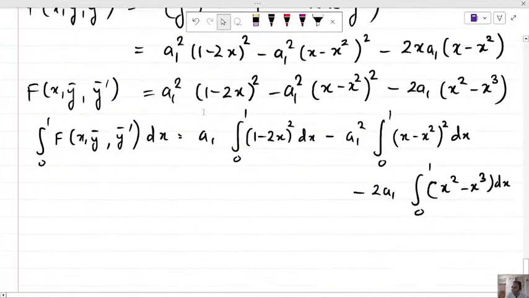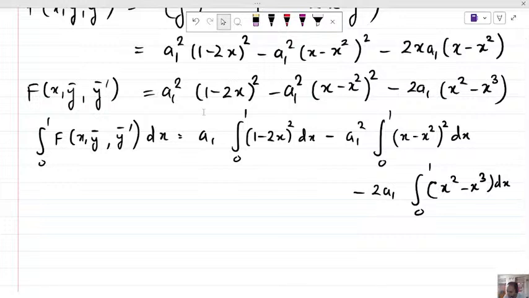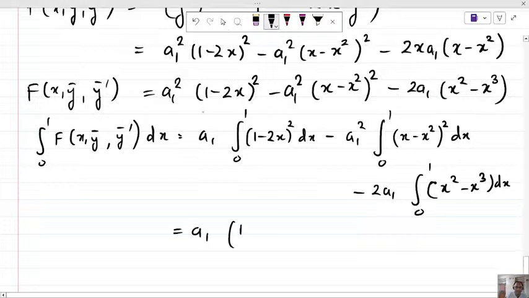So for the first one we will get the integral answer as a1 by 3.